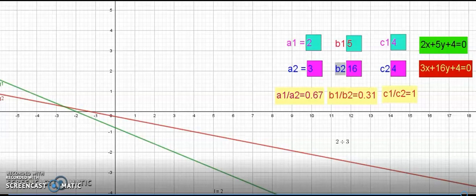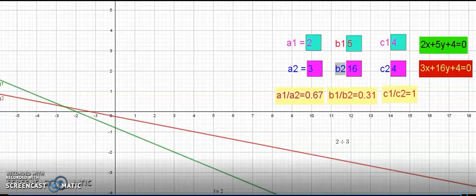In third case, if a1 by a2 is not equal to b1 by b2, irrespective of the ratio c1 by c2, we notice that the lines are intersecting. They are consistent and they have unique solution. The point of intersection of these two lines gives the unique solution.